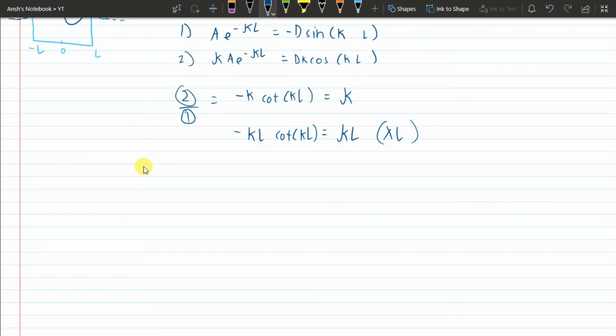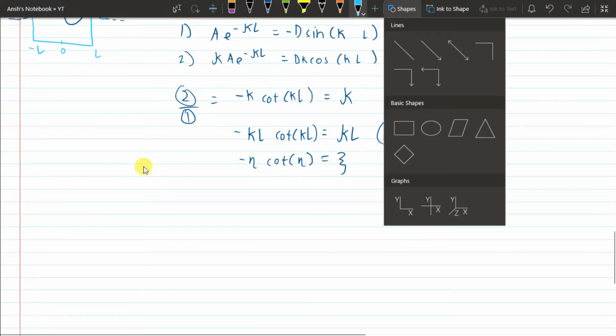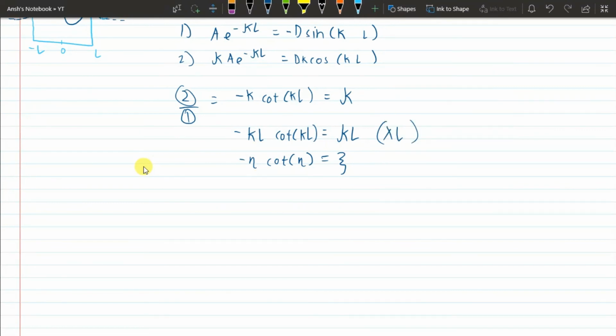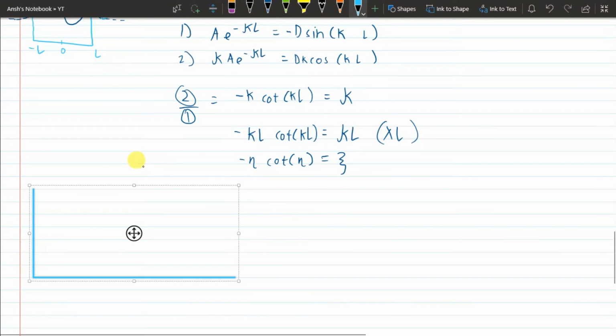So we'll be left with minus eta cot eta is equal to c. And again, we'll have to solve this numerically, so we'll plot these to get an idea of what the solutions look like.